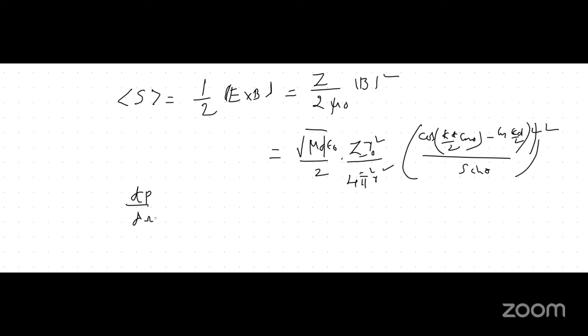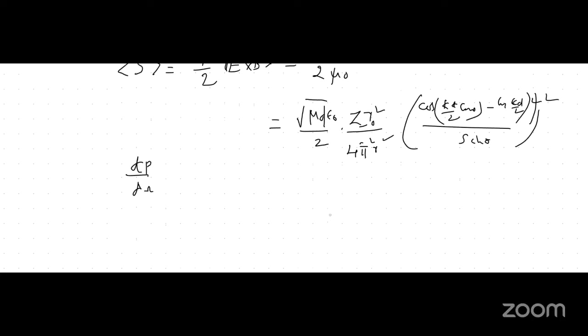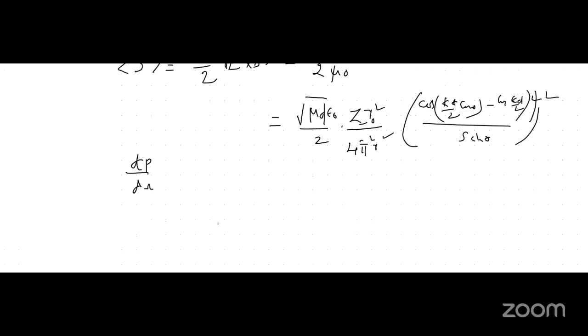So the angular distribution of the radiated power depends on the value of cos of kd by 2. Its value is 0 when theta is equal to 0, because cos theta is then equal to 1, and likewise when theta is equal to pi.